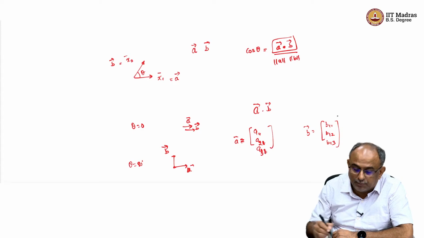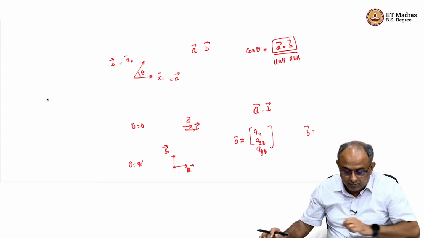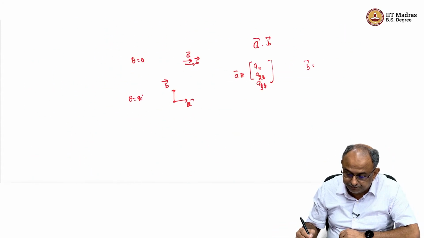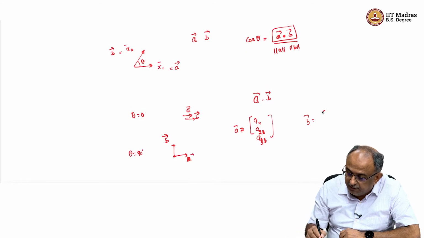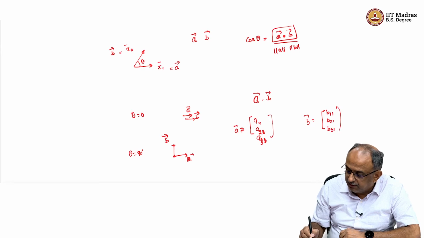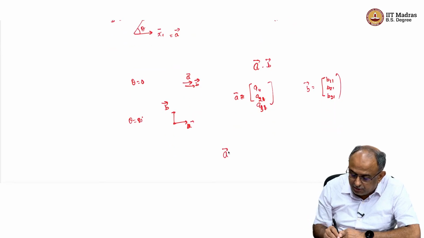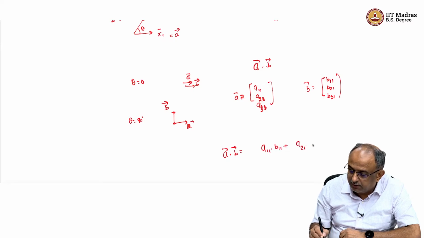I am just writing it properly. Then the inner product A dot B is nothing but A11 multiplied by B11 plus A21 multiplied by B21 plus A31 multiplied by B31.